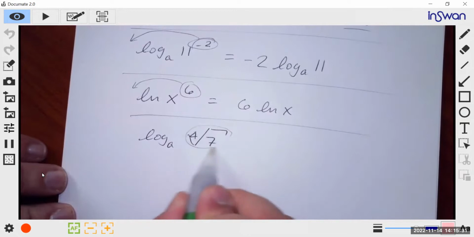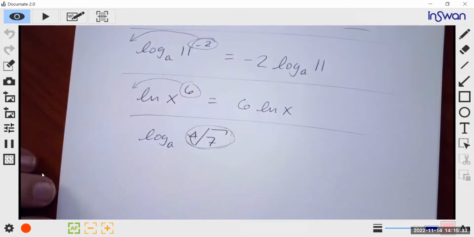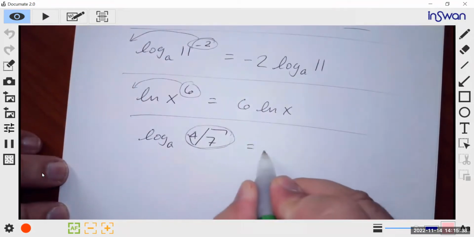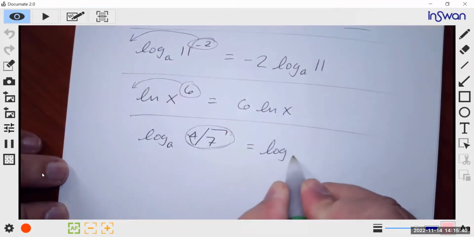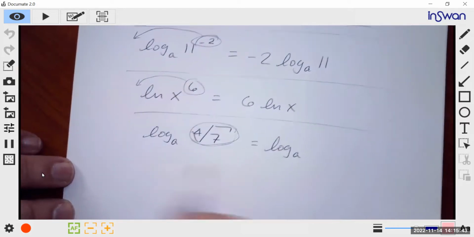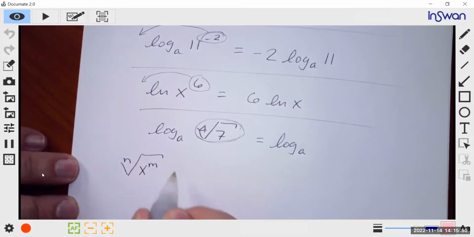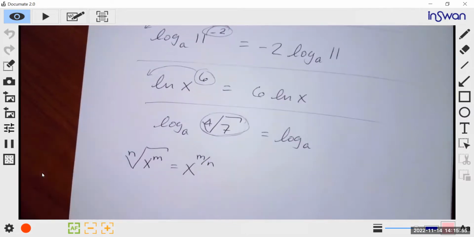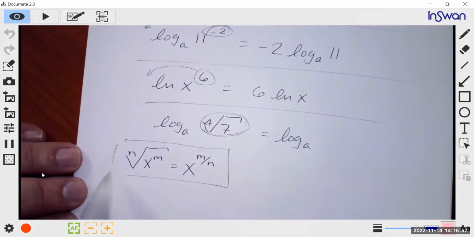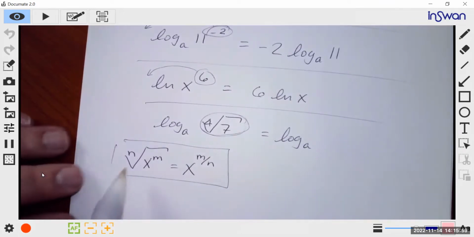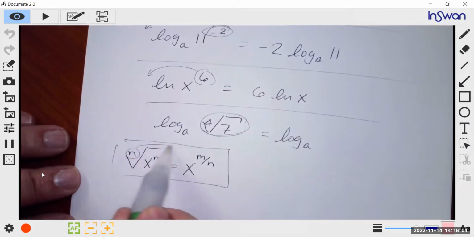First off, we have to rewrite this. What is the fourth root of 7? How can we rewrite that? This is the conversion for logarithms or exponentials. If you have a root, whatever this root is here, that's your denominator.